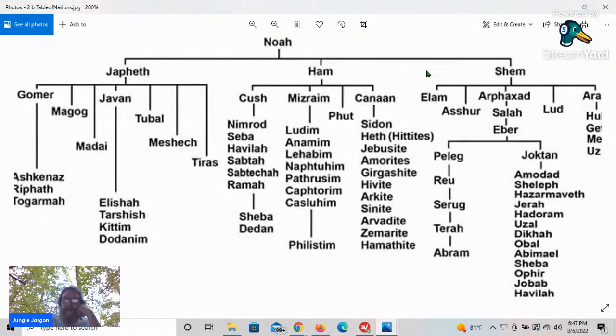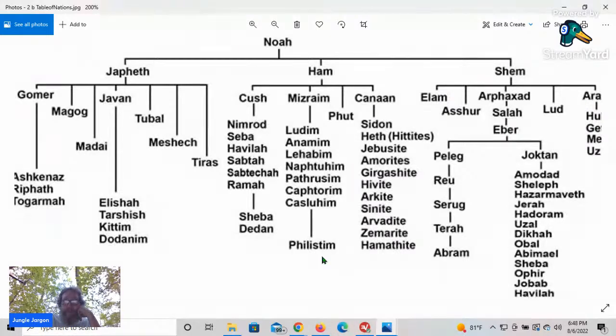Between Japheth and Shem, Noah could have had mutations as well, or Shem could have had a mutation after Japheth was born. So Noah had Japheth, Noah had Shem. They both had the same identifiers until Shem had a mutation at some point and then had other children.